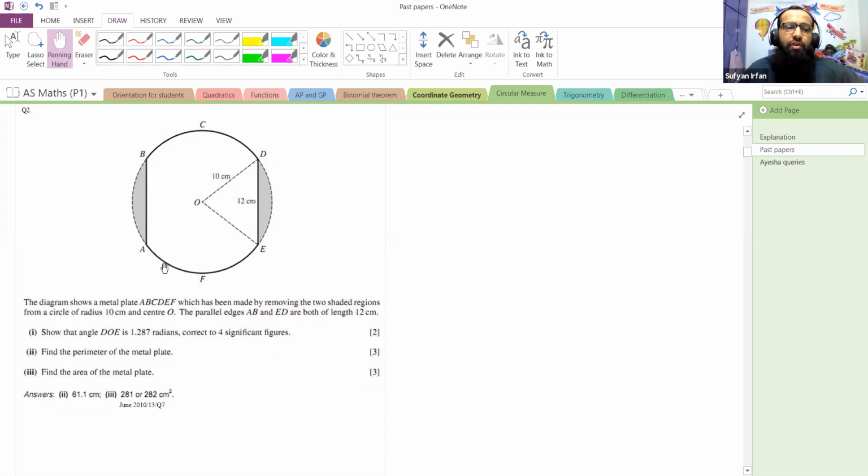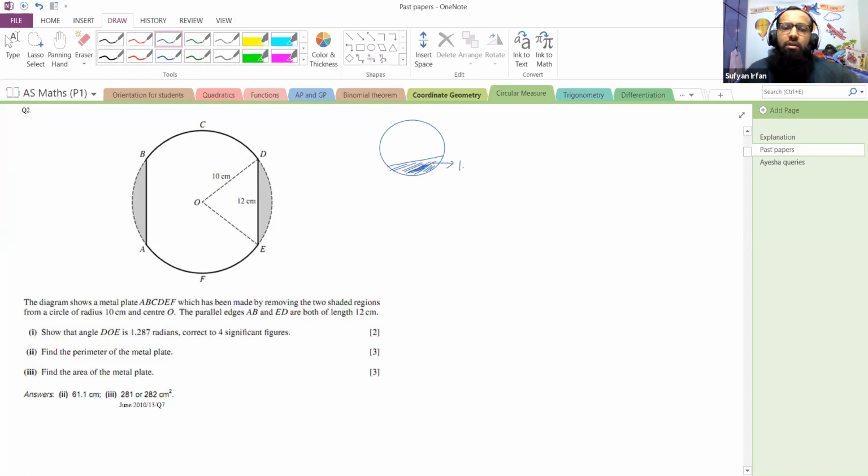So over here we know that the radius of the circle is 10. There was a big circle that we had, and out of that big circle we removed the two shaded regions, which are no longer there. These regions have been removed, and these regions are known as segments. If you draw a circle and draw a chord, then the region between the chord and the circumference of the circle is known as the segment.